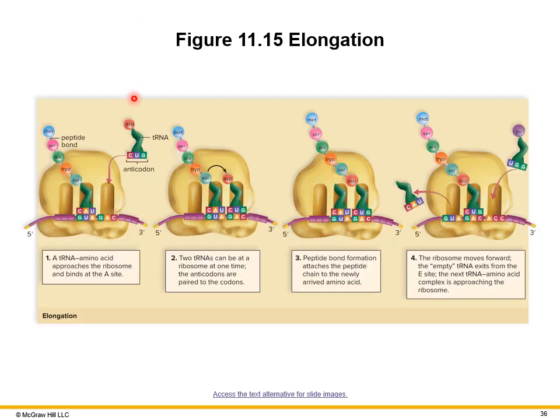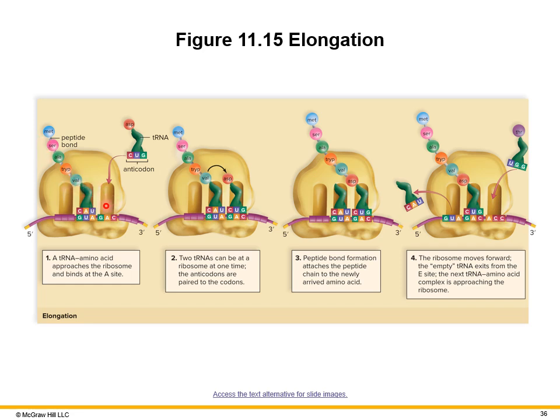In elongation, the amino acid chain or the peptide chain right here is going to grow longer. As the mRNA is being read by the ribosome, the respective amino acids are going to be added to the chain.